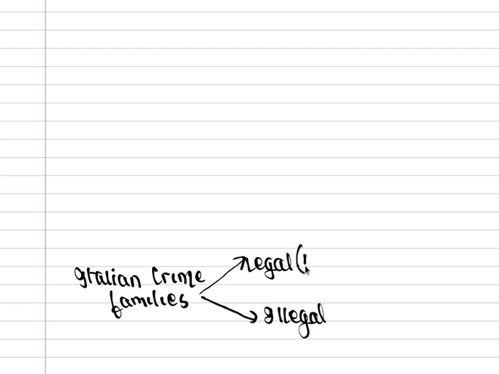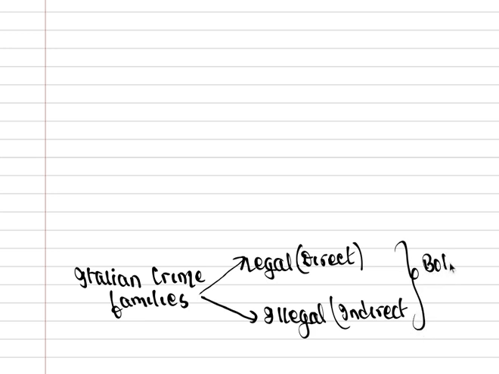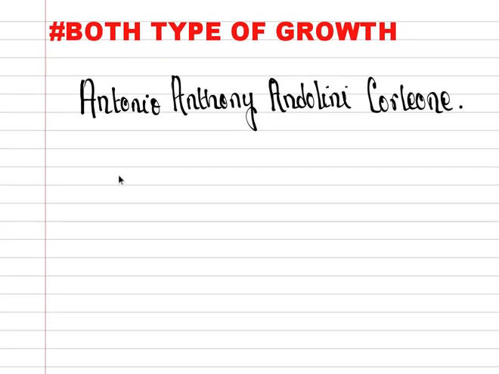So consider this as direct development, consider this as indirect development. So crime families can show both type of development. So this trick which we are studying above is for both type of development. Remembering this story, you can easily remember that this trick is for both type of development. Now let's decipher the trick.